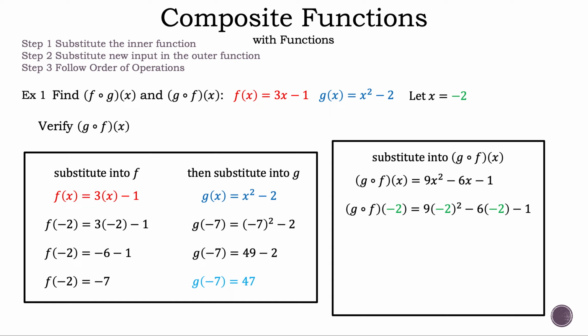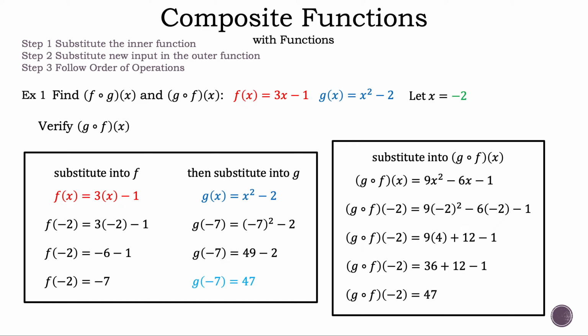So now we have g of f of negative 2 is equal to 9 times negative 2 squared minus 6 times negative 2 minus 1. Let's simplify. Negative 2 squared is 4, and minus 6 times negative 2 is positive 12. And 9 times 4 is 36, and 36 plus 12 minus 1 is 47. So g of f of negative 2 is 47. The output values are the same, which is what we want. Otherwise, there would have been a mistake somewhere.